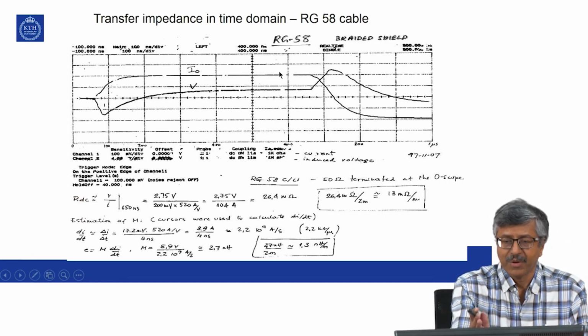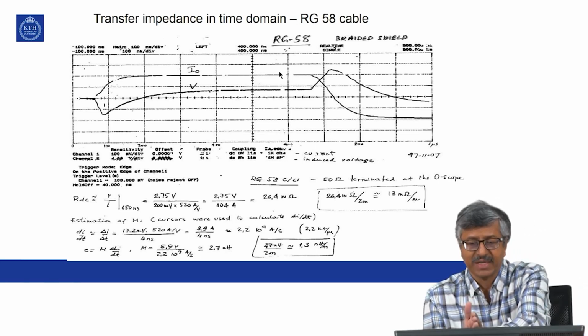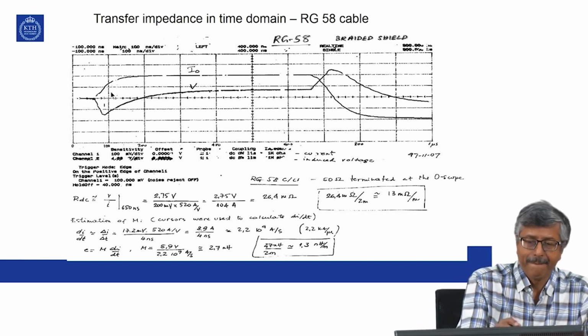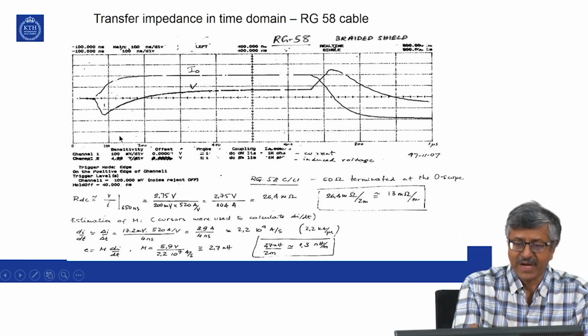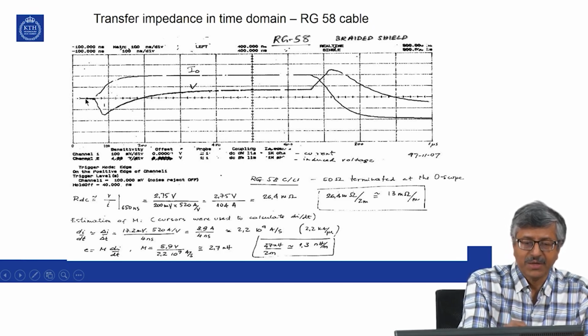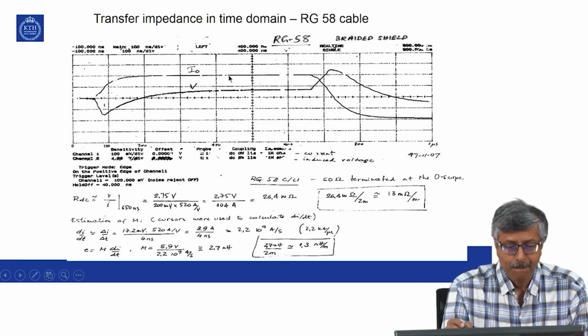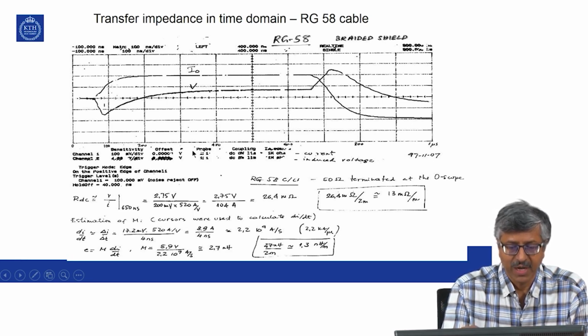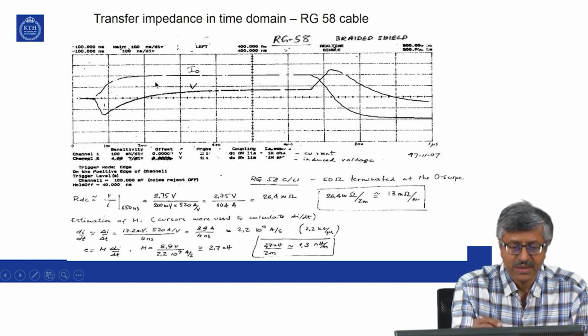You forget about this half of it, because that is because of the reflections and other things. So, consider only the first half of the graph. I0 is rising within a few nanoseconds to a steady value, and that value is about 120 ampere per division.